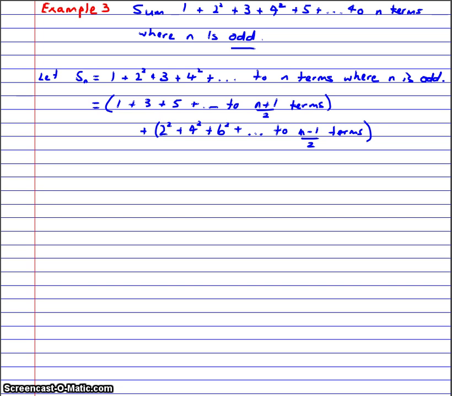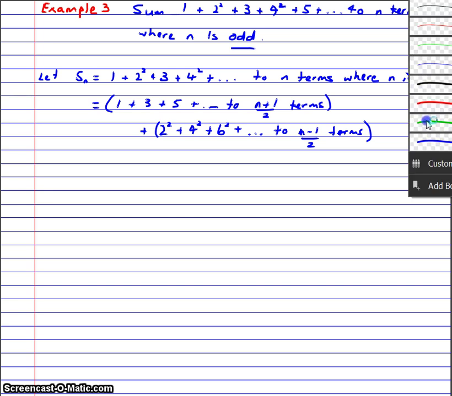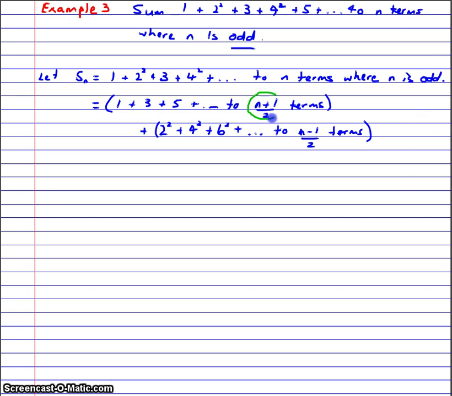Okay, and again, if we have a look at those, they need to add together to get the total number of terms that's given in the question. It's to n terms, and you'll find that if you were to add n plus 1 over 2 and n minus 1 over 2, it would come to n.